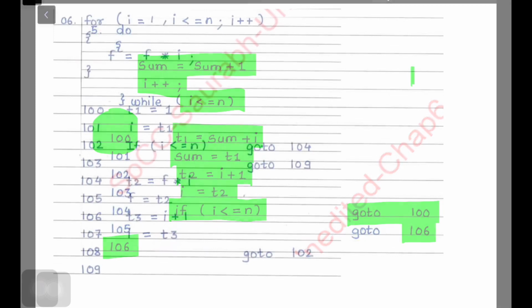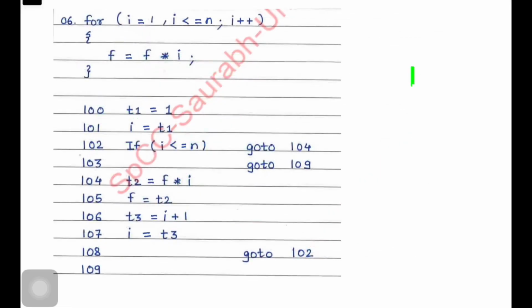Fine. Going to the next example for a for loop. As we know, the for loop has three statements: initialization statement, condition statement and incrementing statement. The initialization statement gets executed before the condition is checked, and it is done only once.